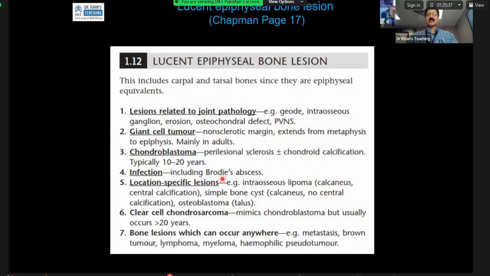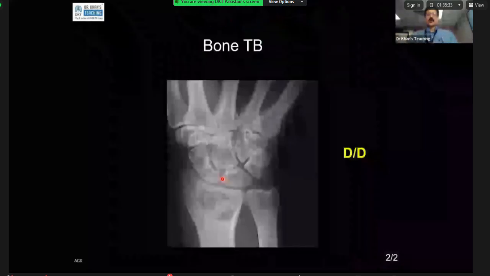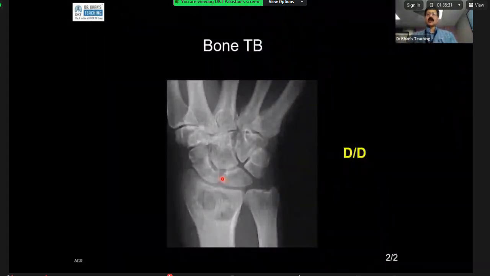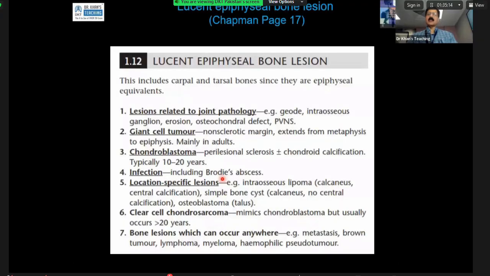And then giant cell tumor. We started debating the giant cell tumor. You were not convinced that this is a giant cell tumor, and part of your reasons were right, but you lost your confidence. And that is the feedback from my side. You should not have lost the confidence. And this is classical.